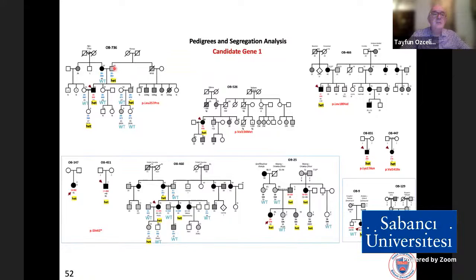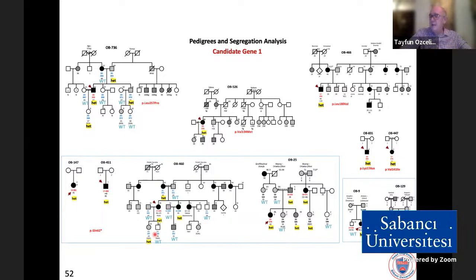You see there is a segregation: obese person, heterozygote; obese, heterozygote; and this one is now 6 years old, too young to be evaluated, but still we have another family member who is in the obese range with a heterozygote genotype. Or look at this family: heterozygote, heterozygote, heterozygote, heterozygote, and let's say this non-obese individual is wild type.